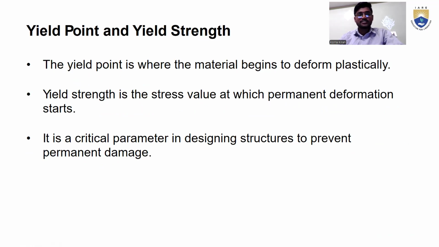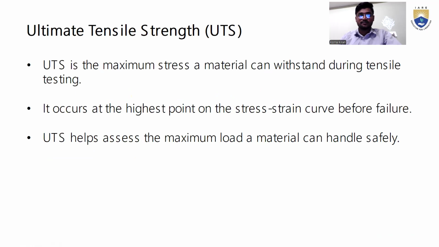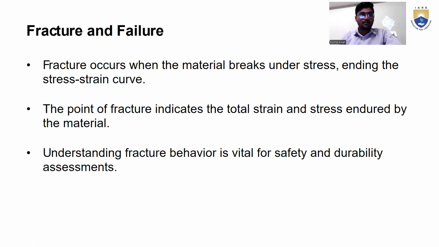Yield strength is the point at which permanent deformation starts on the curve of this graph. At that point we call it yield strength. And UTS, as we discussed, occurs before failure because it is the maximum load of the material. And fracture and failure.